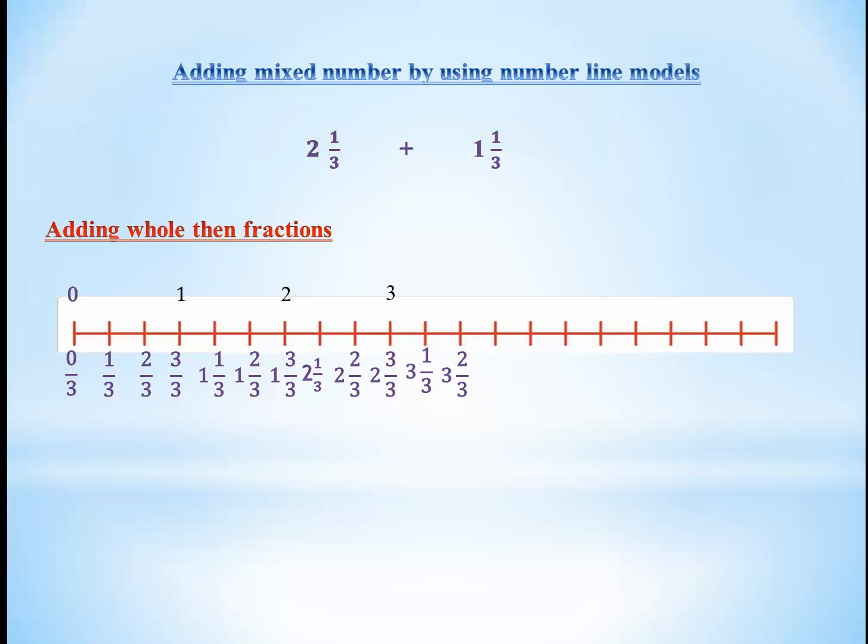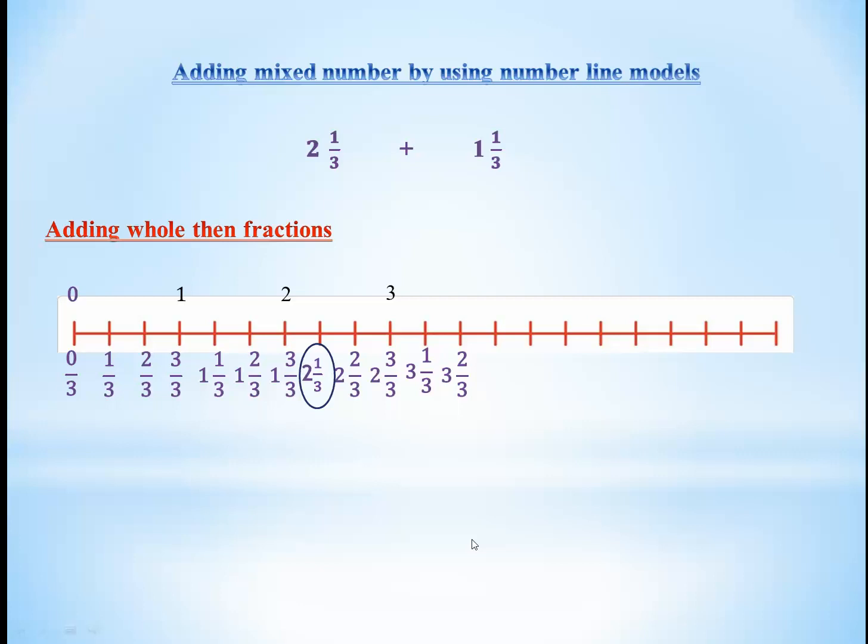So here we have adding whole, then fraction. We will start with 2 and 1 over 3. This is the first one, right? And adding the whole, the whole number in the next one is 1.